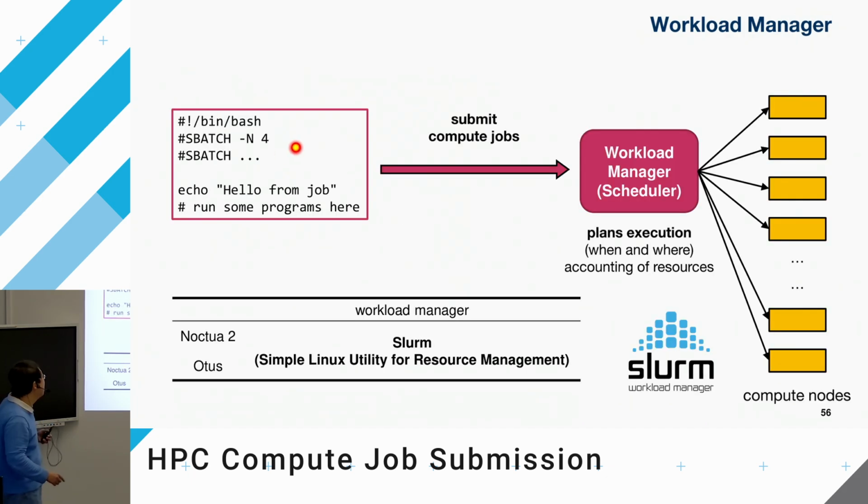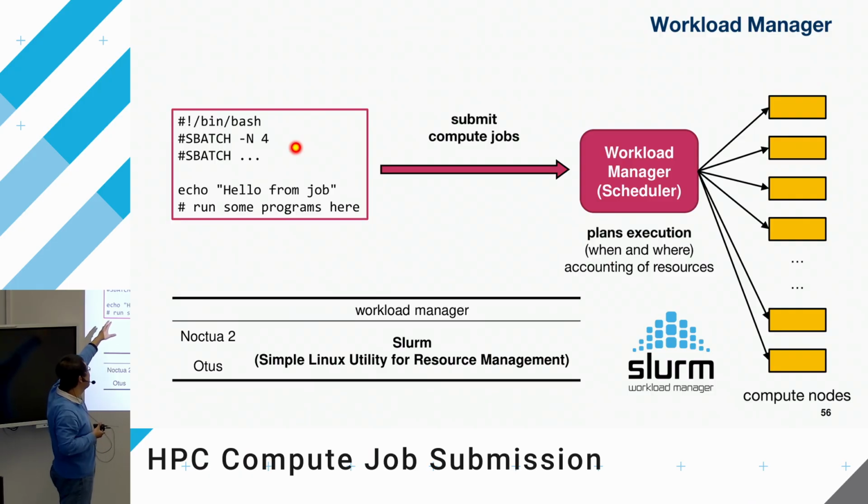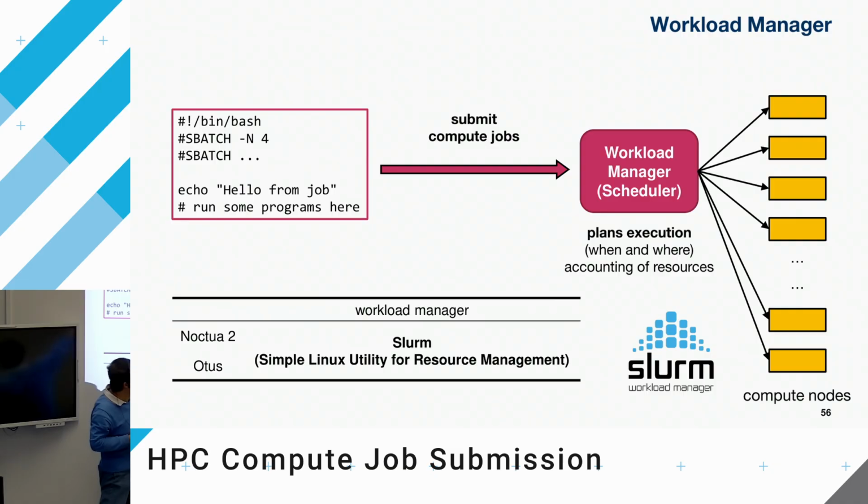So after finishing the job script, as you can see, basically it's just a bash script with many options, and then you can submit this job script to the so-called workload manager.